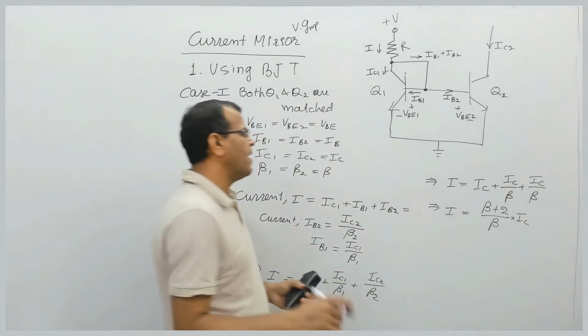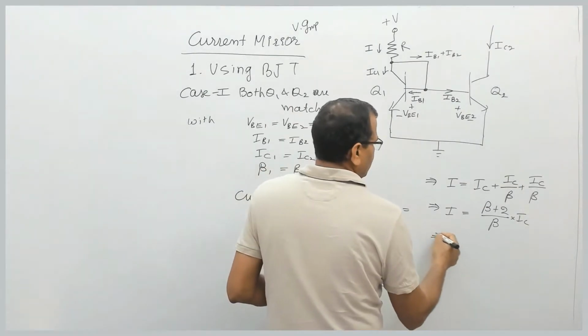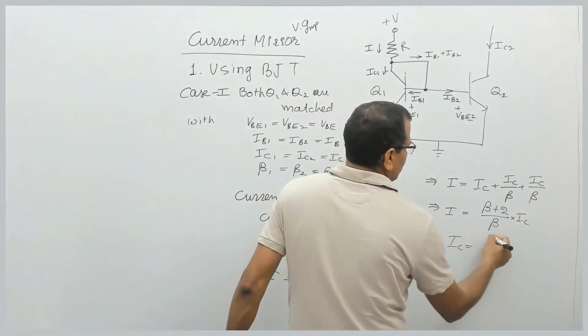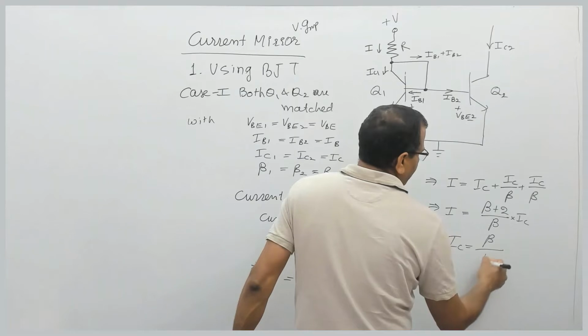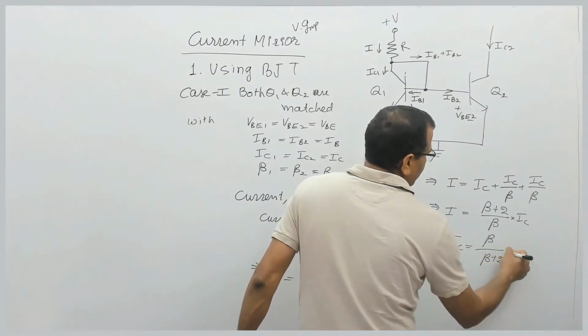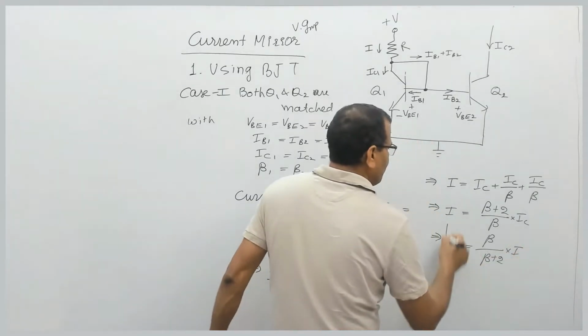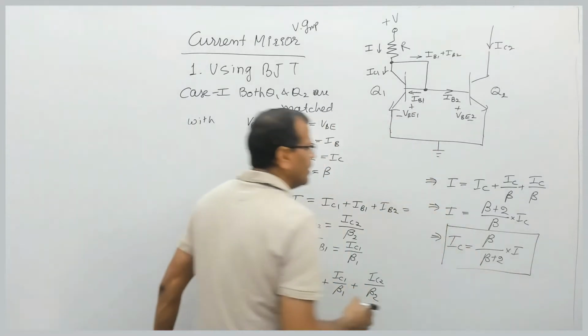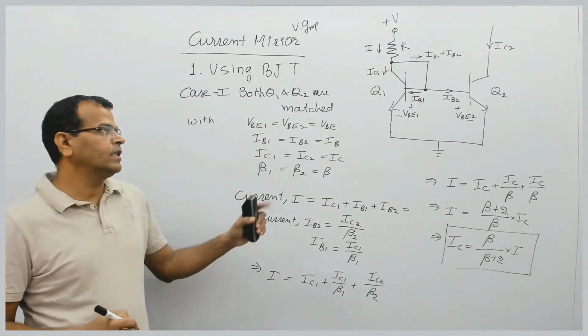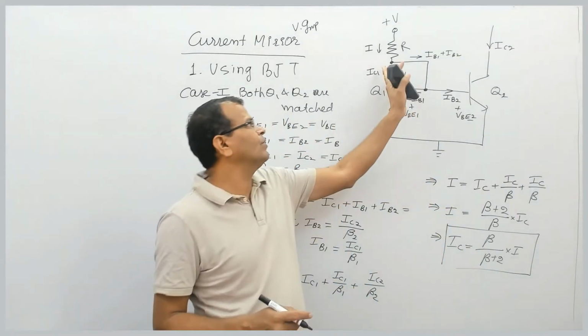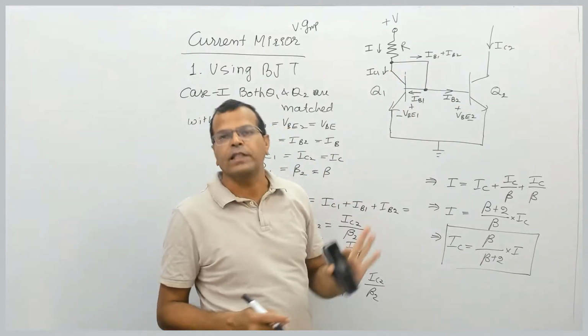Fine. Now this gives IC is equal to beta divided by beta plus 2 into I. This is the expression of current IC. Current IC is, of course, we are assuming both are the same.